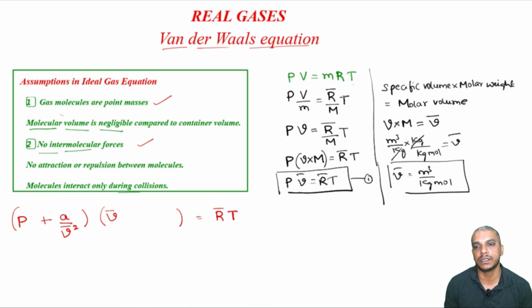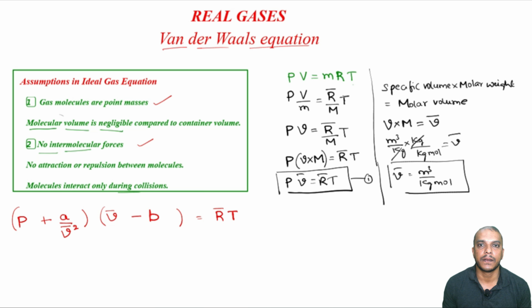We'll have to define what that A by V bar square is, and here there is B. Now we'll try to write the units of these terms, then we'll realize what the molecular volume term is and what the intermolecular forces, attraction or repulsion between the molecules, term is.